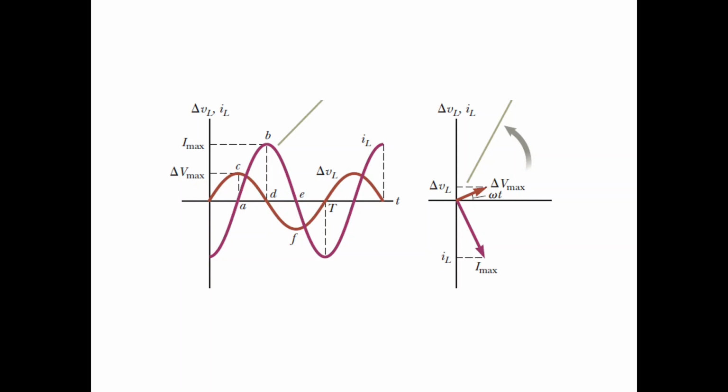This is the phasor for voltage, and this is the phasor for current. So there is 90 degrees between them. And as you see, voltage is first, current is second. They are rotating counterclockwise. So there is a pi over 2 phase shift between them, and current is lagging behind voltage. And both of these phasors are rotating with the same frequency, obviously.